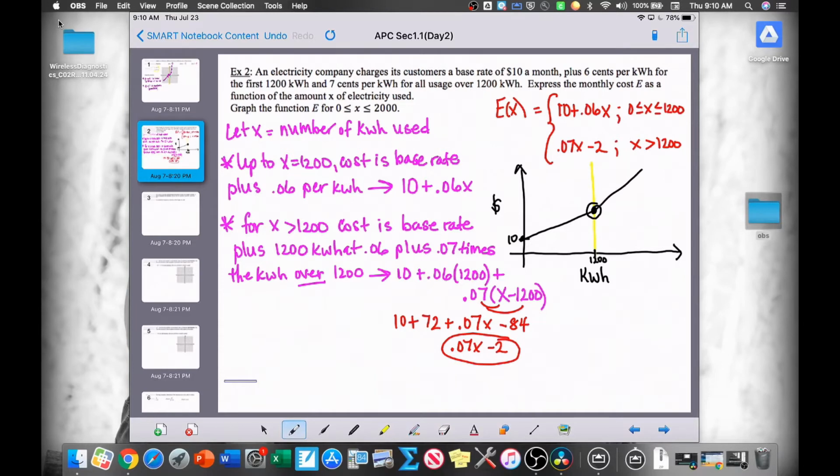And we know that it's going to have a little bit greater slope, and it's just going to continue on. So this is what I meant by when I said we're going to cheat a little when we make our graph. It's not perfect, but it shows what's going on with our function, that we have that shared point where our two costs intersect when x is 1,200, and that our slope is a little bit less on the left-hand side, a little bit greater on the right-hand side, but both of these functions are linear.